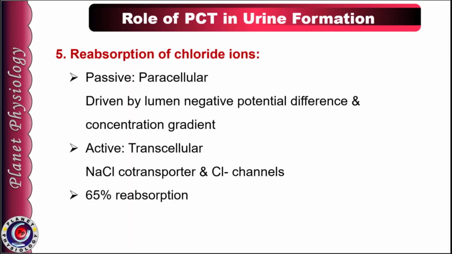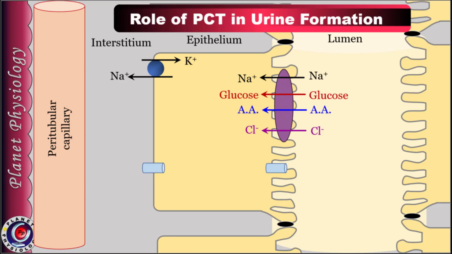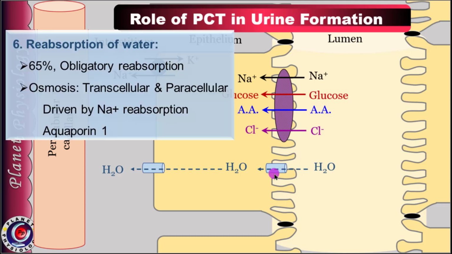Now coming to the water reabsorption, PCT reabsorbs 65% of the filtered load of water by the process of osmosis. Osmosis is mainly driven by reabsorption of sodium and accompanying solutes. Apical as well as basolateral surfaces of epithelial cells lining the PCT have aquaporin 1 water channels.